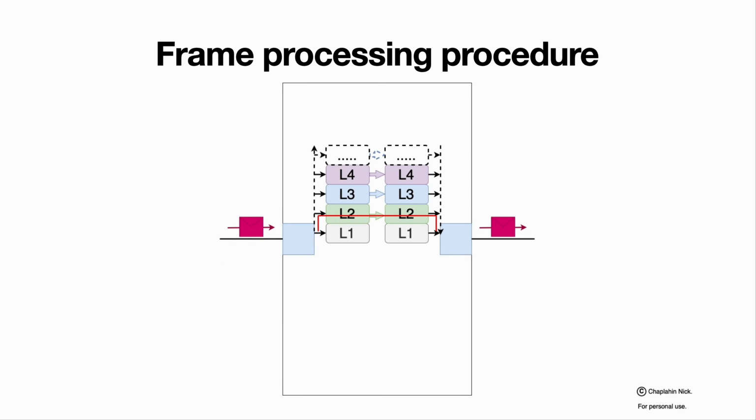And each frame on receive, on ingress, will pass all the levels of the OSI model up to the highest one, where final processing will be done.